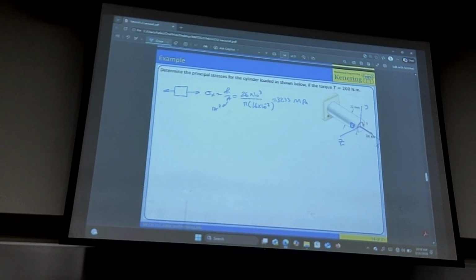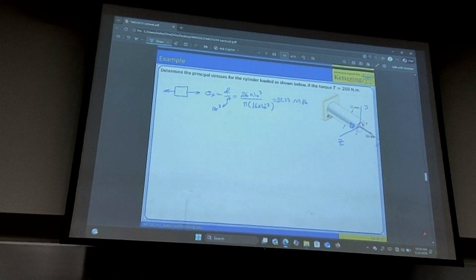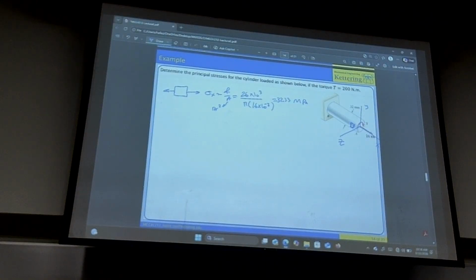All right, then Gabe, J is 1/2 pi R to the fourth. So Gabe, just look at this geometry. Is it hollow? It is not. So then the rest that you were saying was not needed.